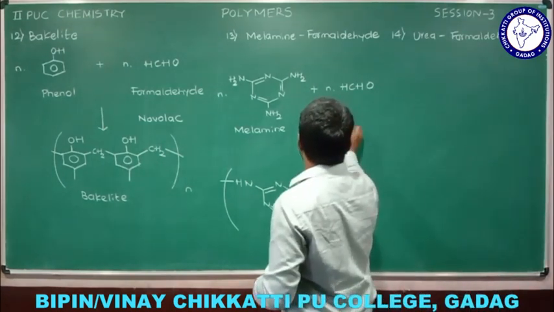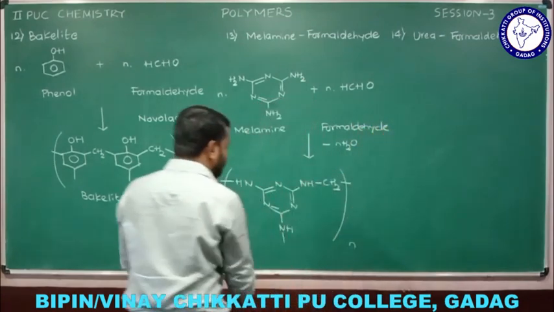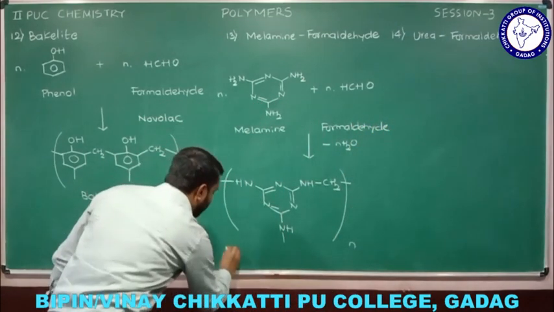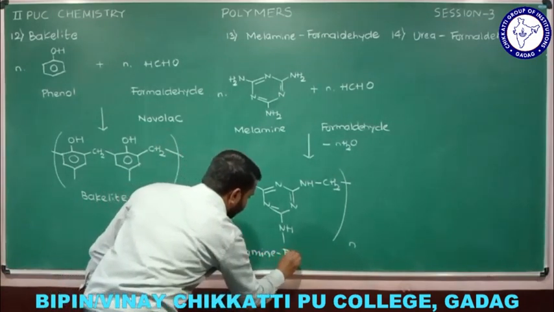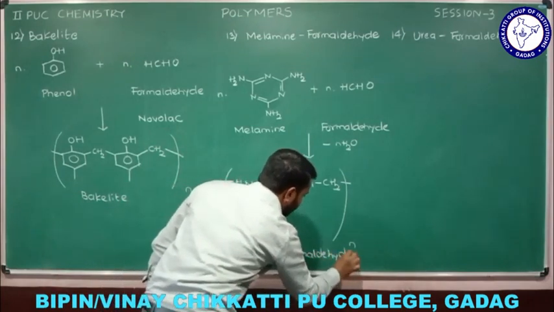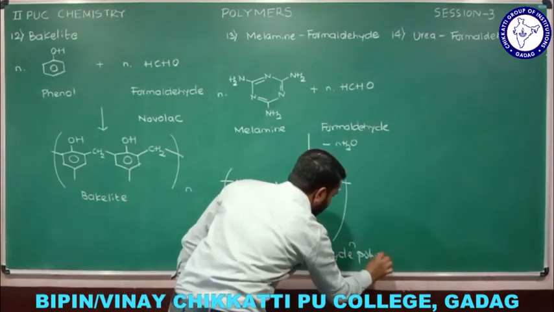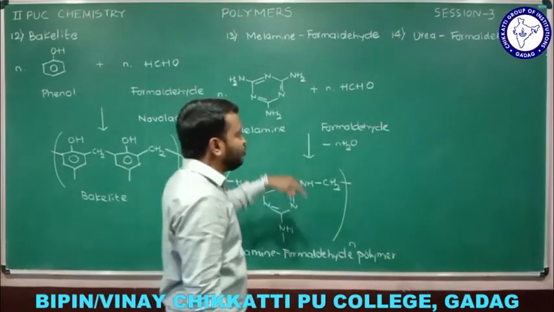I am going to write formaldehyde here, and you are going to get that, and the last one will be melamine formaldehyde polymer. The names are to be written. It is good if you write the names of the monomers and polymers.